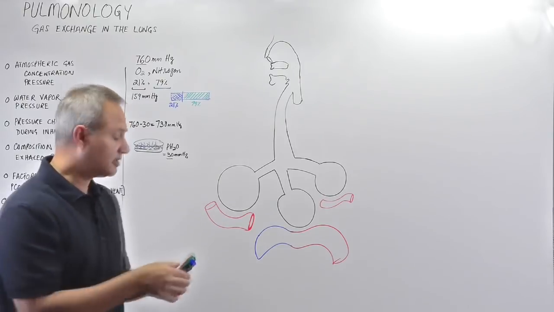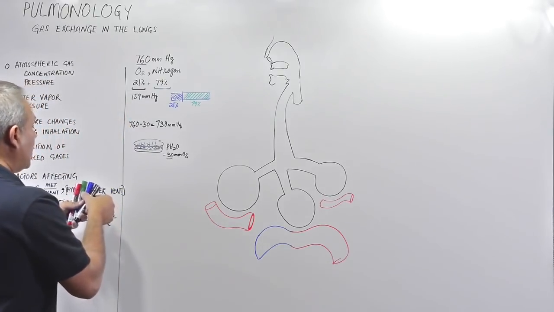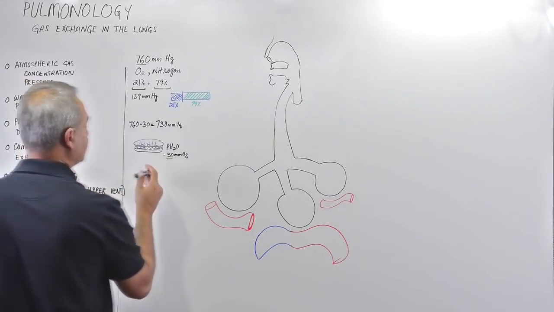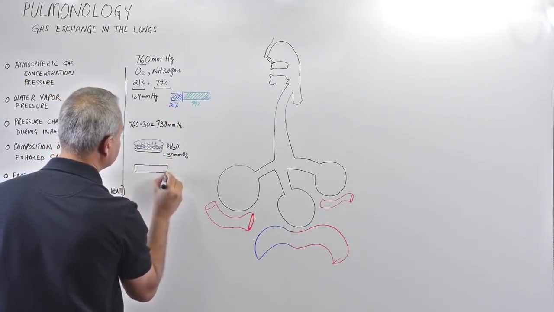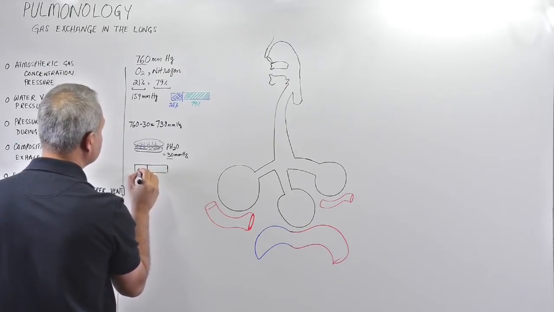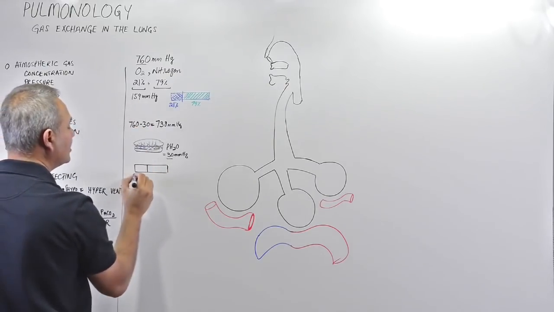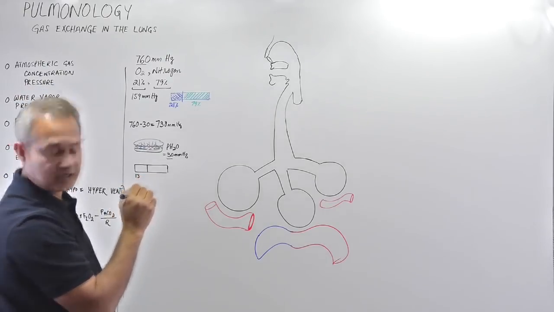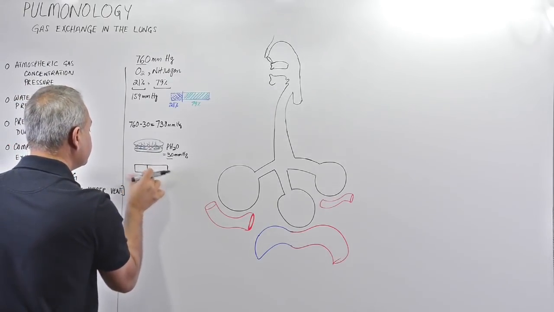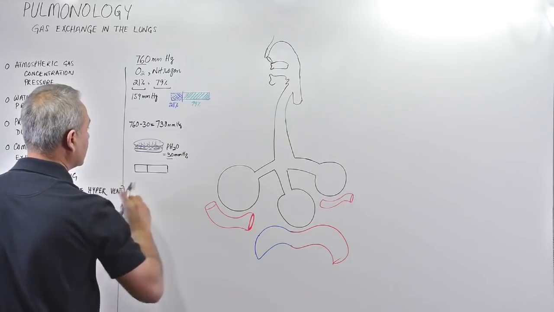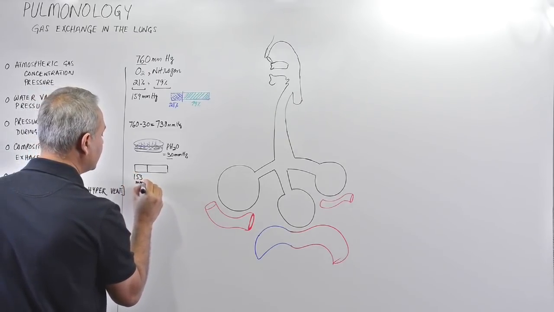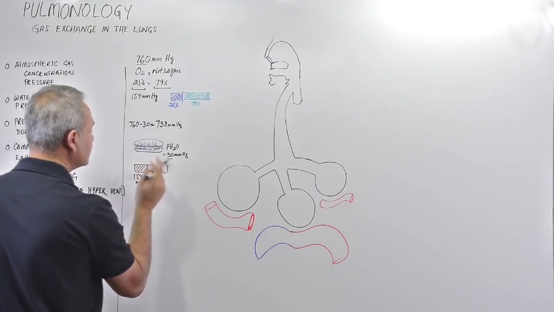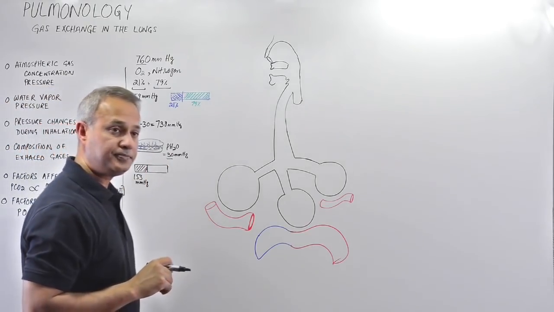So let's just call it 153. So now oxygen, here if I draw this thing, now oxygen is how much? 153 millimeters of mercury, and of course the rest is nitrogen.